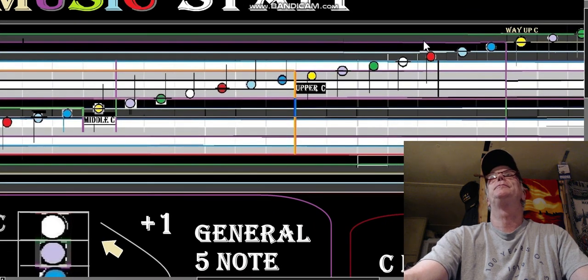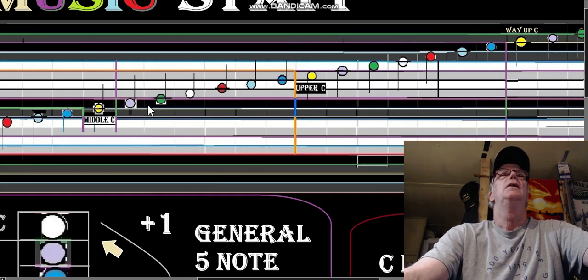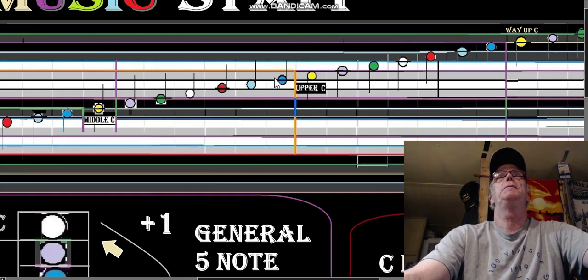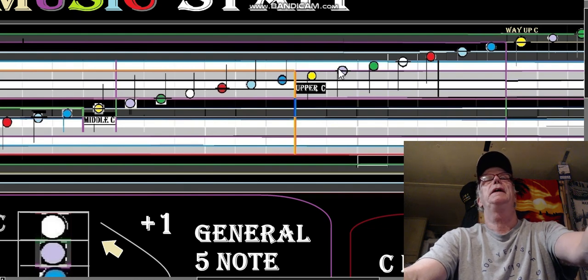Let's look at the treble clef right here. We can start the clef from every good boy does fine. We can just look at the inner notes, F, A, C, E, and in the case of the inner notes, we are looking at an F major 7th chord, all right?